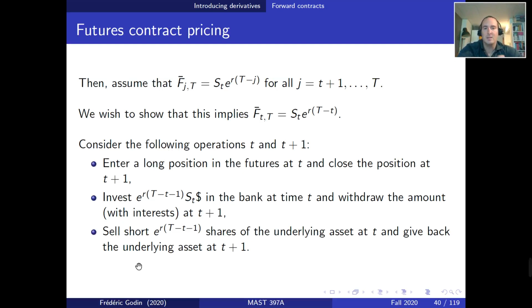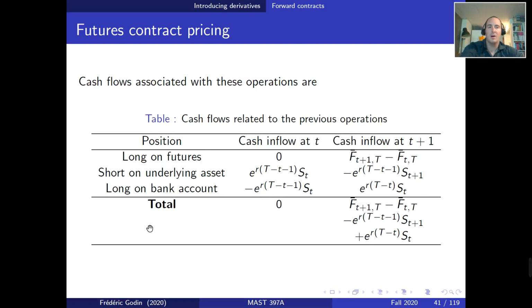Let's consider what happens if we apply these three operations at time t. What are the cash flows associated with each of these trades? The first position was a long position on the futures. At the inception of the futures, you have zero cash flows, as mentioned previously.